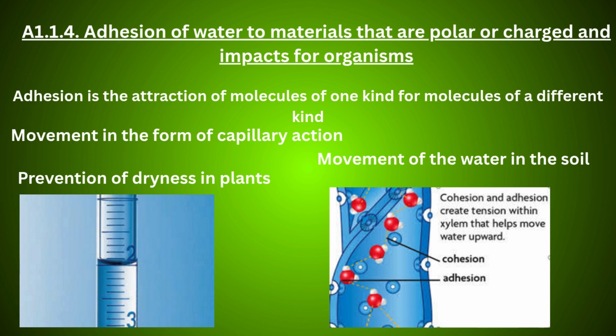In this case, an attraction between the water molecules and the side of the tube, and what that's doing is pulling the water up. That's also very important in transpiration for plants. So not only is cohesion important for water pulling, also adhesion, water sticking to the sides of this xylem.